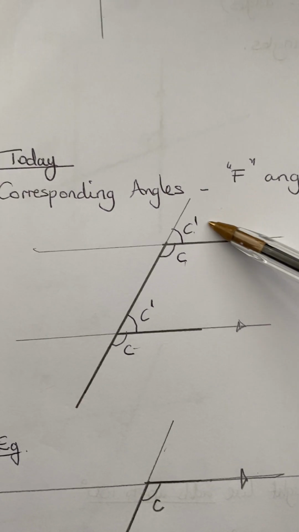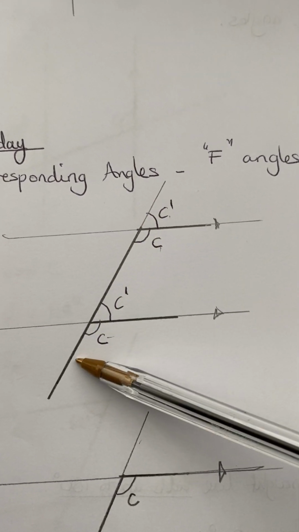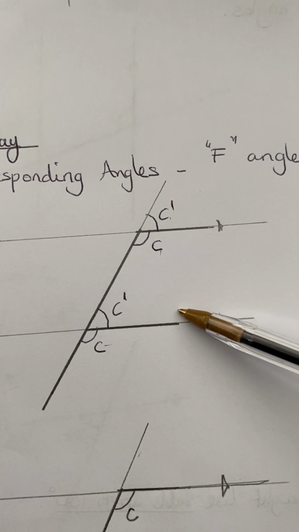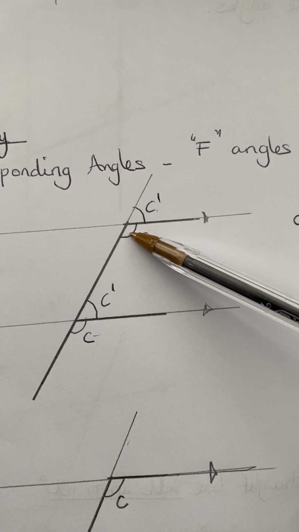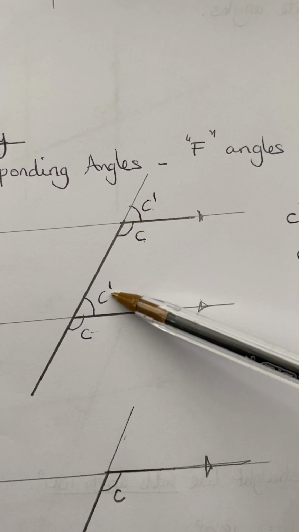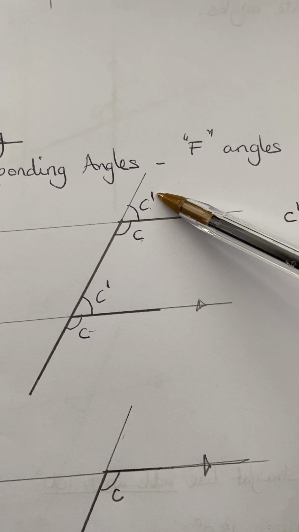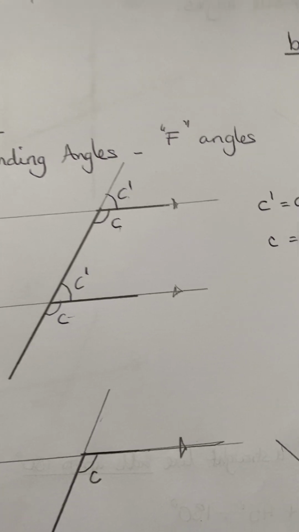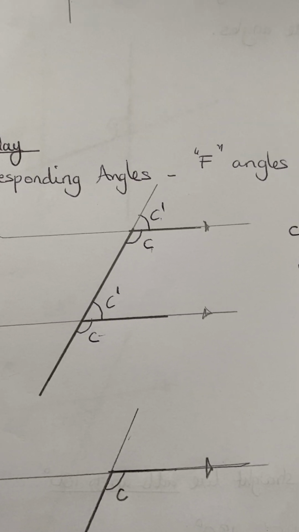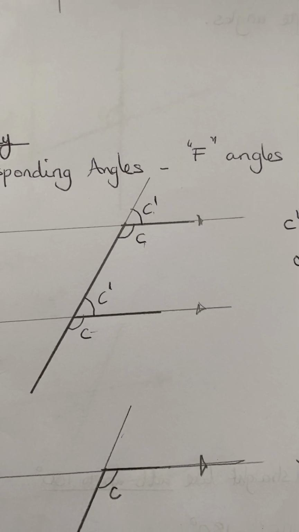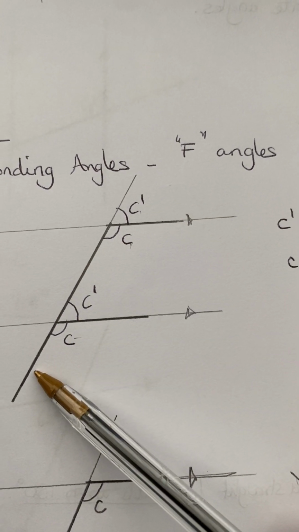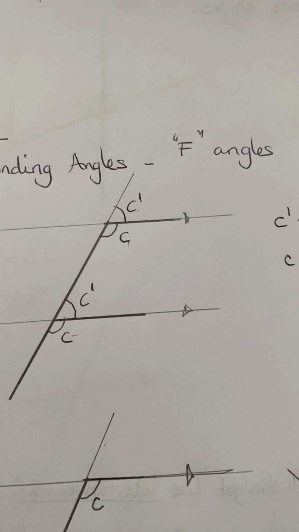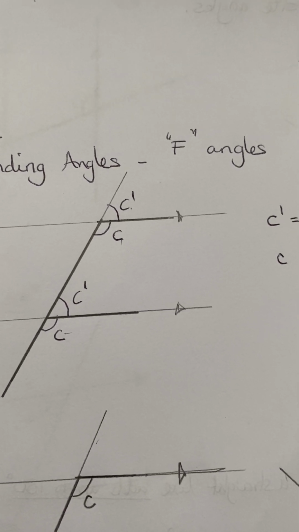Then I introduced you to corresponding angles or F angles, where this C here is equal to this C here and C1 equals C1. And I've shown you different shapes of how they might look. They might not be a straightforward F, but it can be an F turned in the opposite direction.